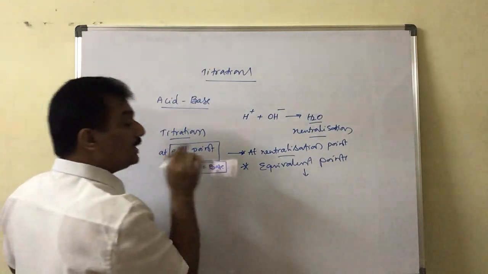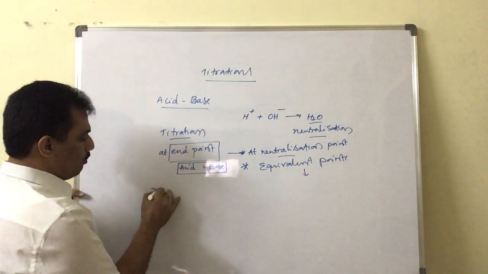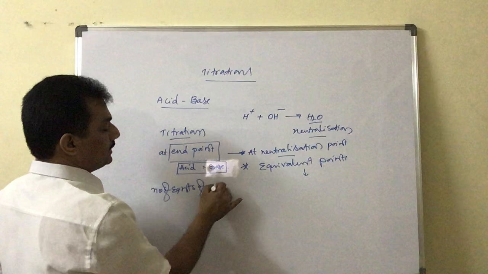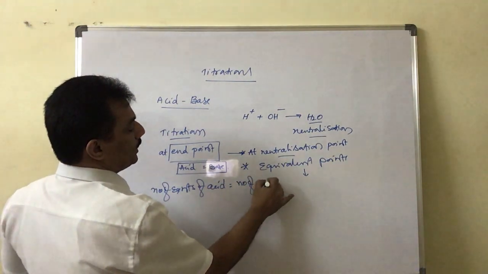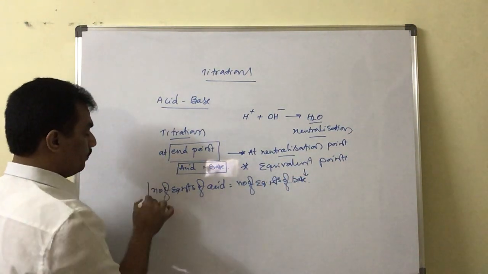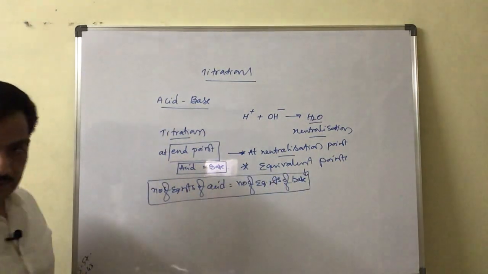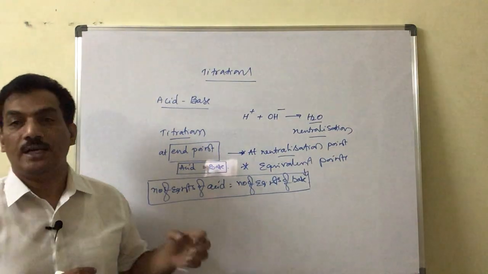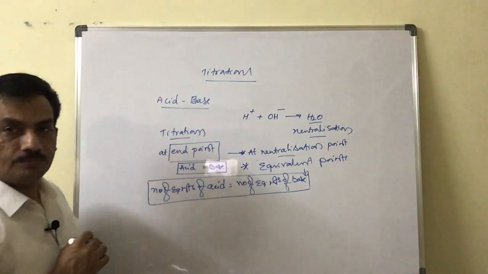At that neutralization point, or end point, the number of equivalent weights of acid becomes equal to the number of equivalent weights of base. This is what happens, and this point where the number of equivalent weights of acid becomes equal to the number of equivalent weights of base is known as the equivalent point.